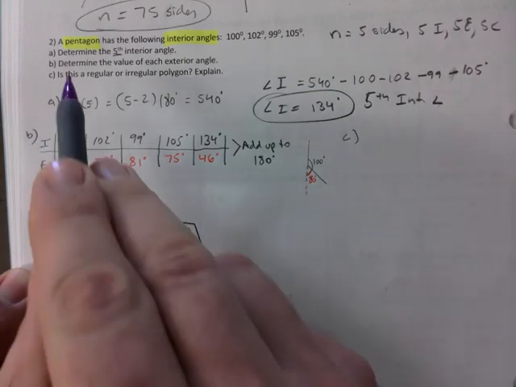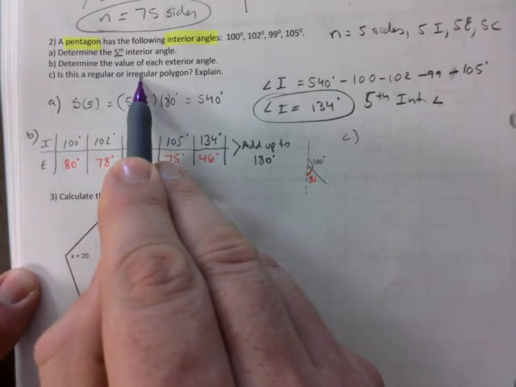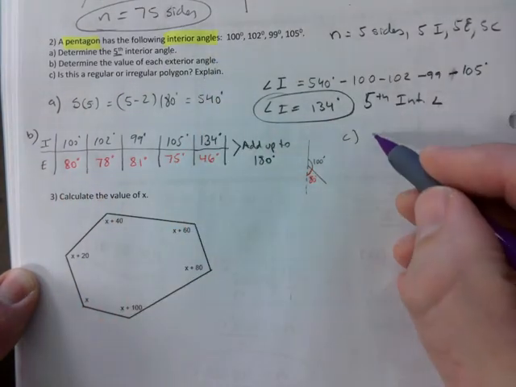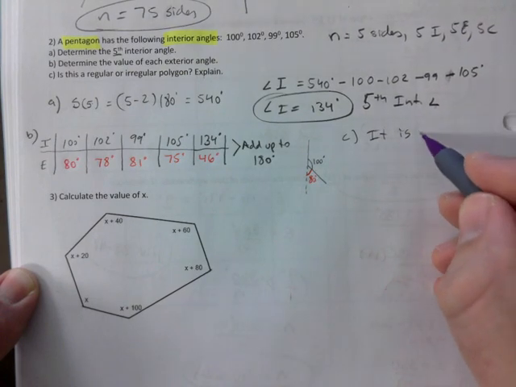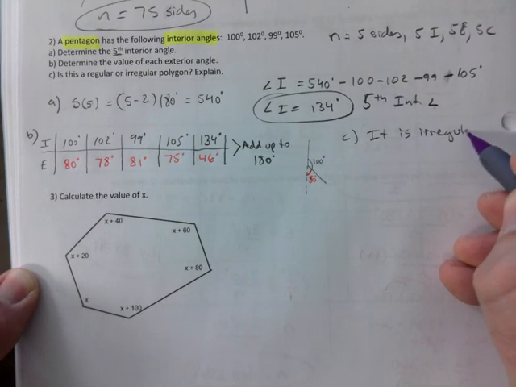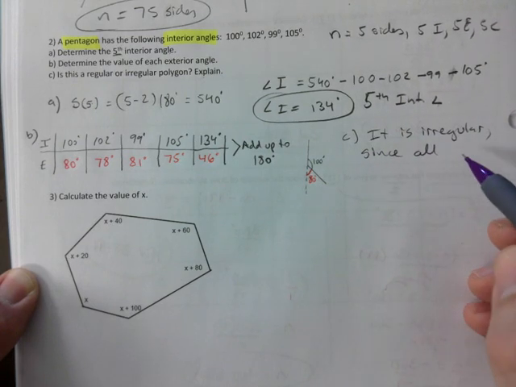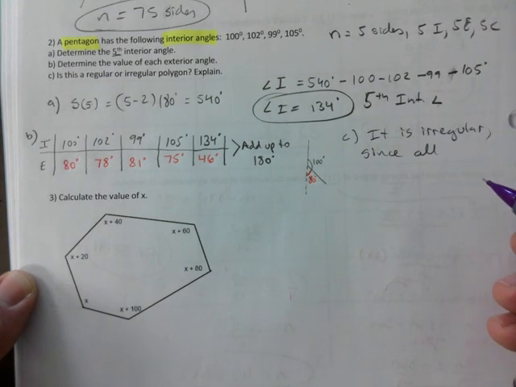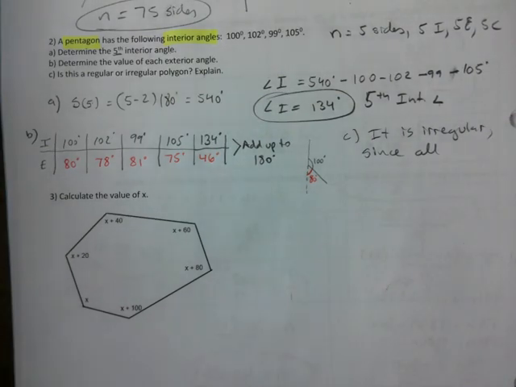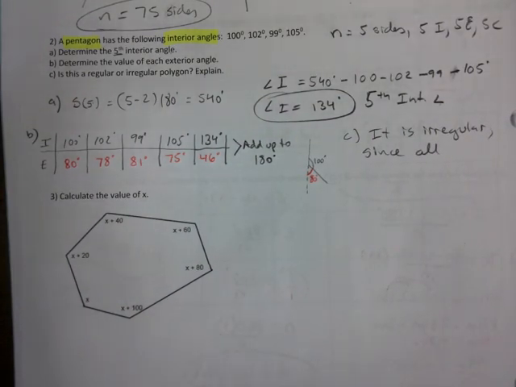C, is this a regular or irregular polygon? Explain. It is irregular, since all angles. Okay, this can be said in multiple ways. Because if every single angle would be the same except for one, it still would not be regular.